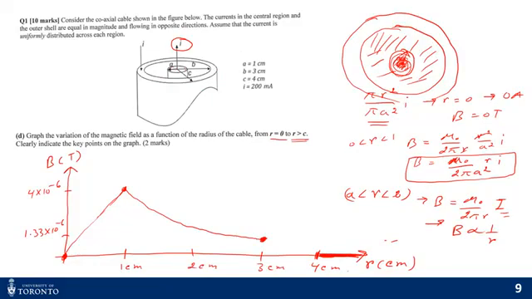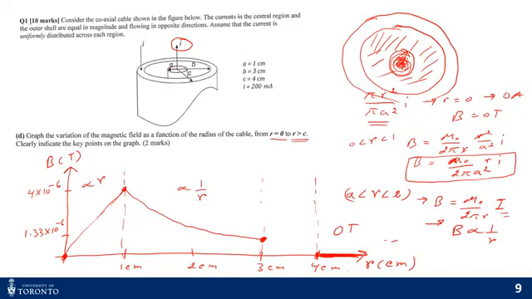For the first region, it's proportional to r. The next region is proportional to 1 by r. And in this region it is 0 Tesla.